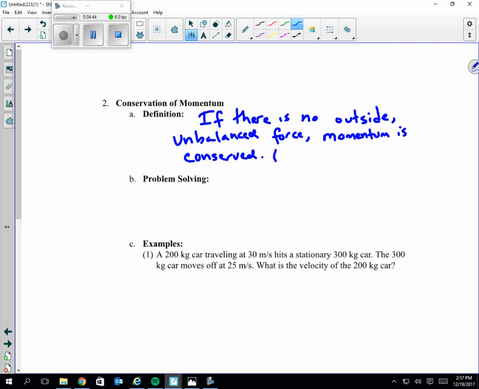And just like energy conservation, that means total momentum is constant.